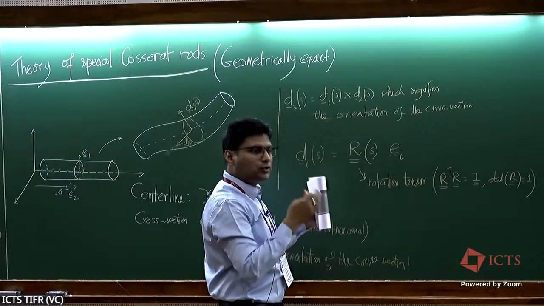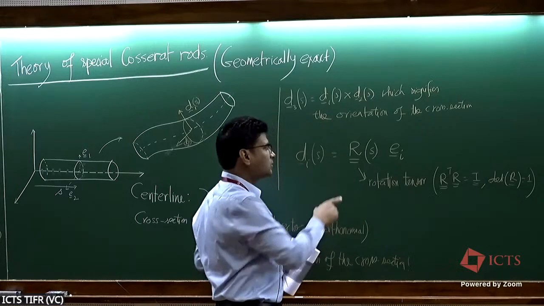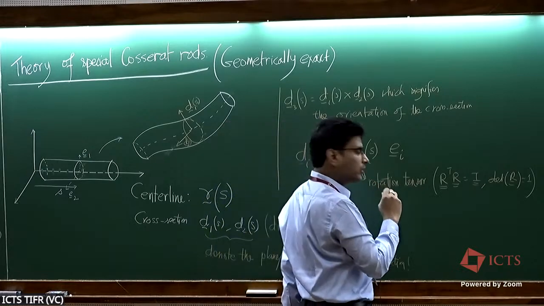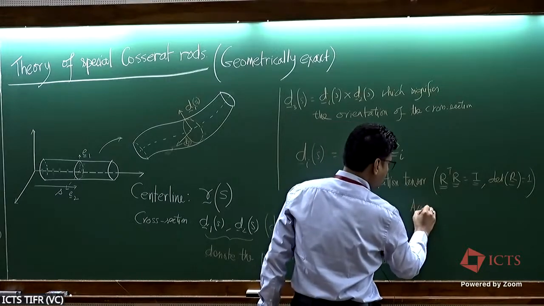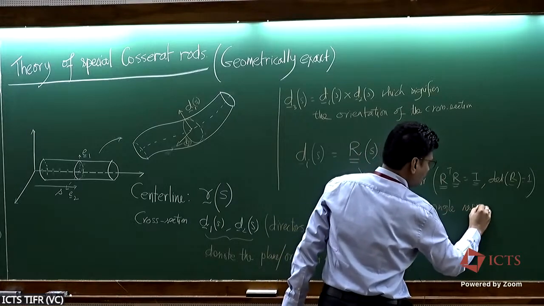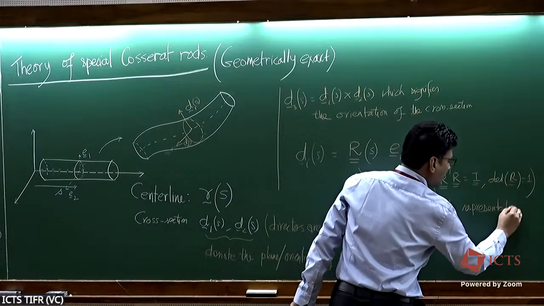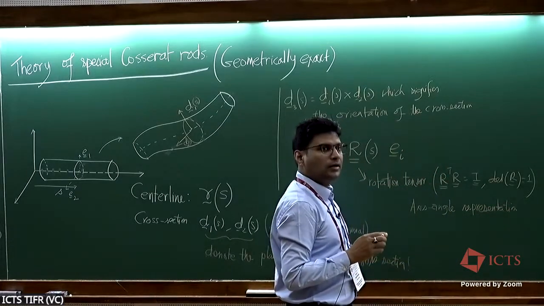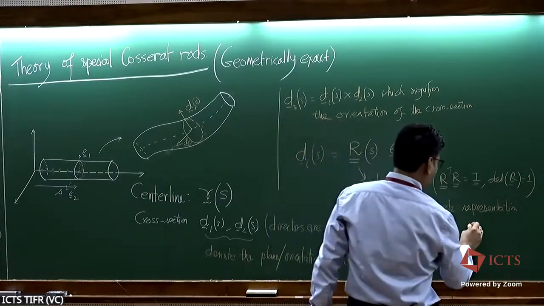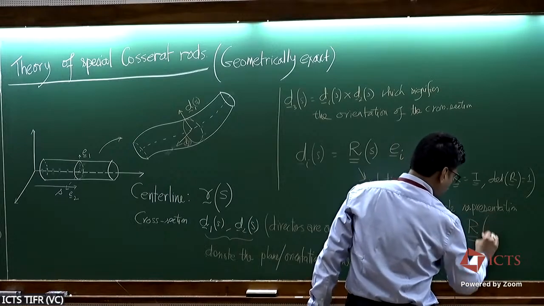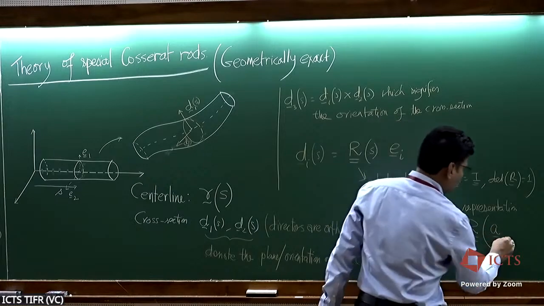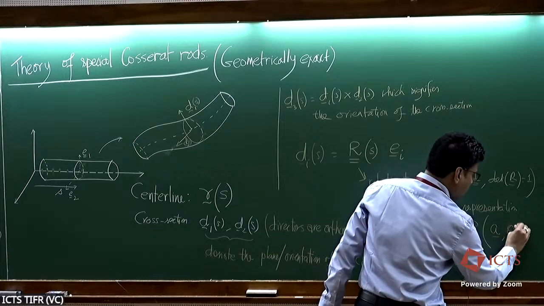Now there are several ways to denote 3-dimensional rotations. One is called axis angle representation. Any rotation will have an axis of rotation and the amount of angle by which that rotation is happening. So then you can say, for example, this big R has the axis A, a unit vector A, and the angle of rotation theta.